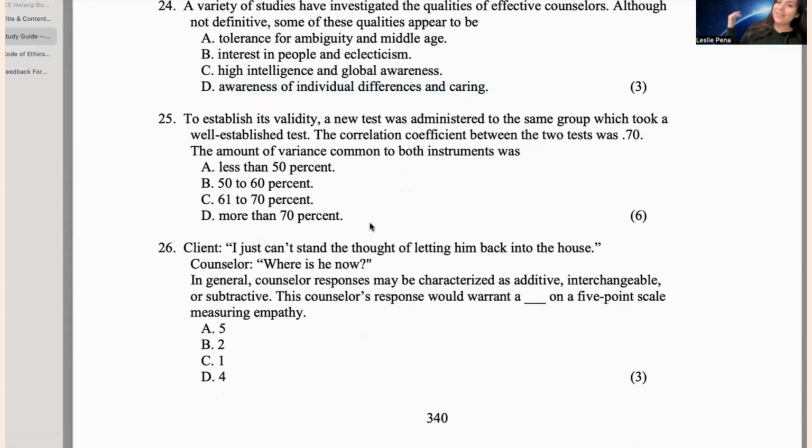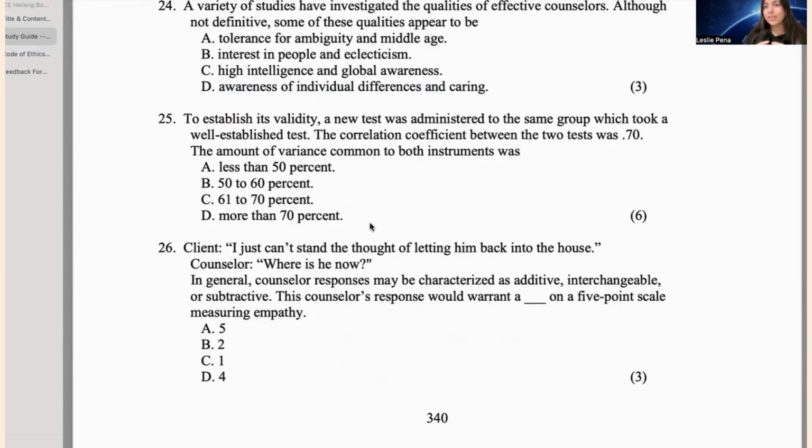Next, 25. To establish its validity, a new test was administered to the same group which took a well-established test. The correlation coefficient between the two tests was 0.70. The amount of variance amongst the instruments was what? So 0.70 is their correlation.